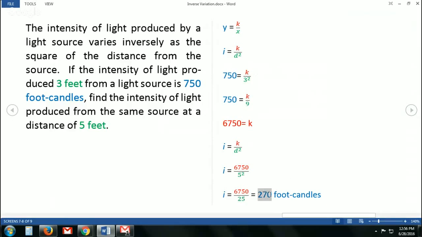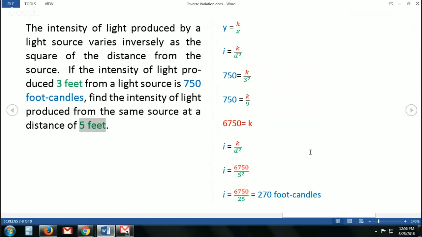Notice that this number is less than the 750 that we started with. It makes sense that the closer we are to our light source, 3 feet away, the more intense our light would be, 750 foot candles at a distance of 3 feet, while it was a lower number at a distance of 5 feet.